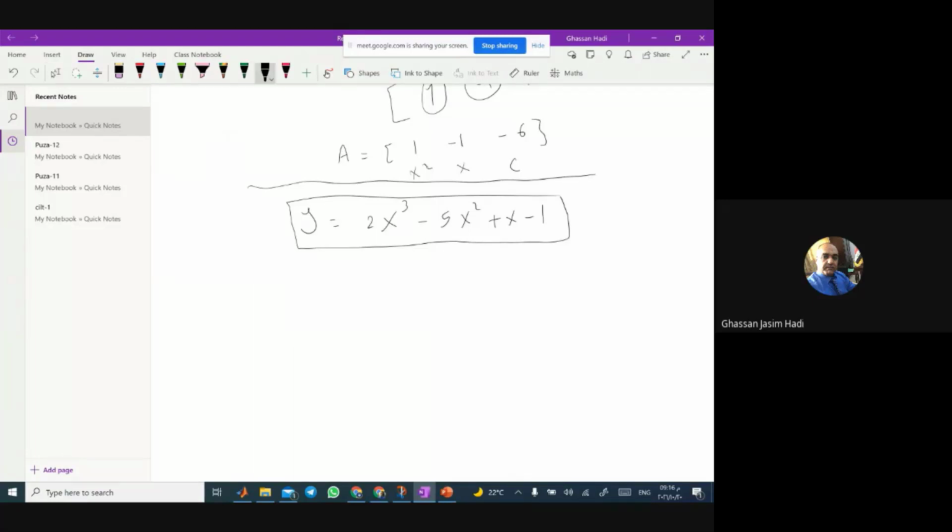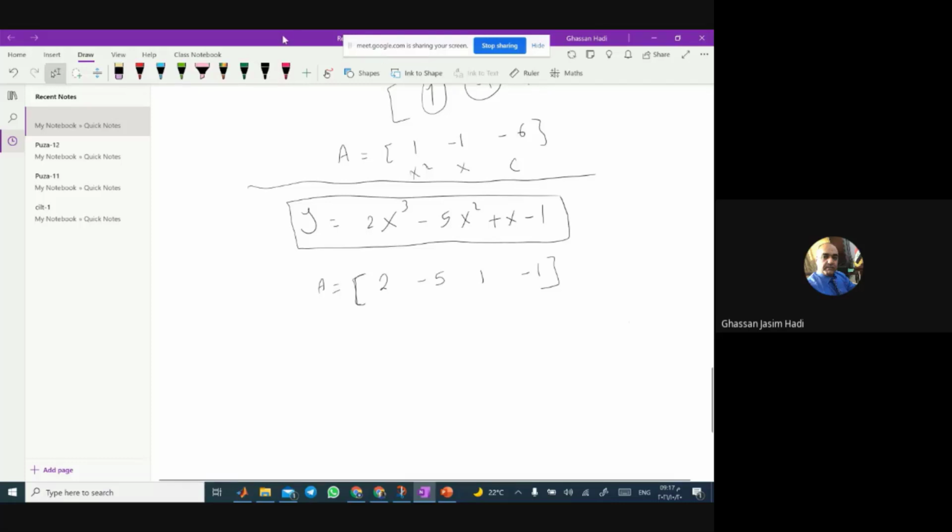Student, what do I have to do? Use a numerical method to solve it. Yes, what should I write in MATLAB? You write the coefficients: A equal bracket 2 minus 5, for example 1, minus 1.